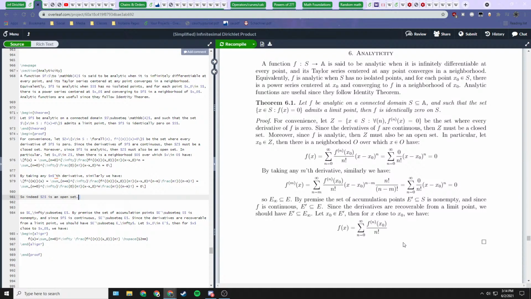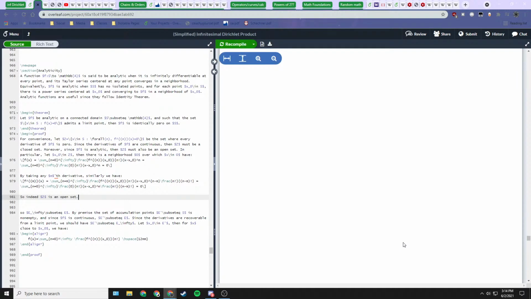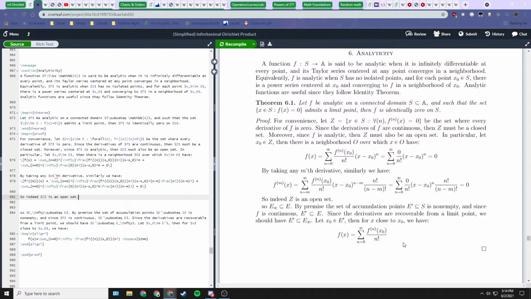Okay, so Z is a closed set since all the derivatives are continuous. Z is also an open set since we can calculate all the derivatives from a power series, from the Taylor series, which is just going to converge in an open set. And then finally, let's be a bit more specific.